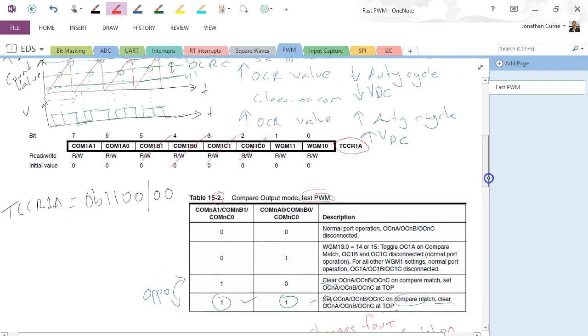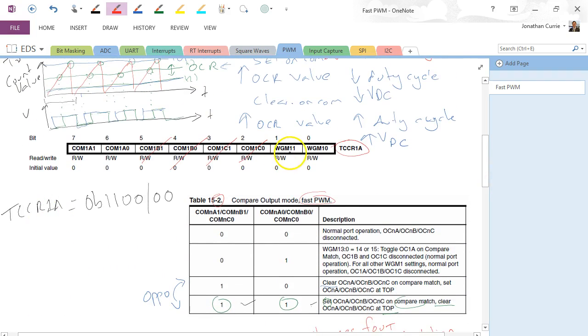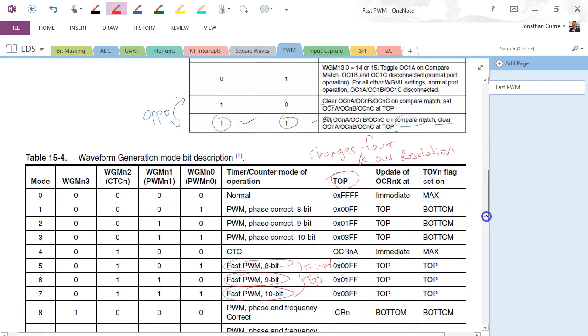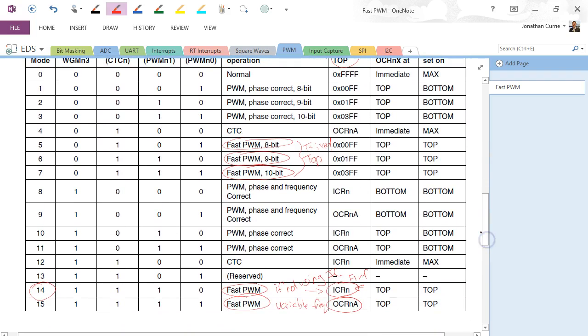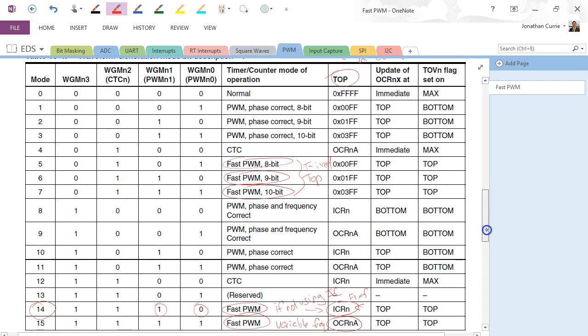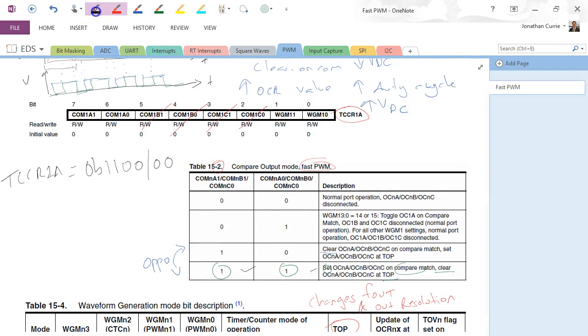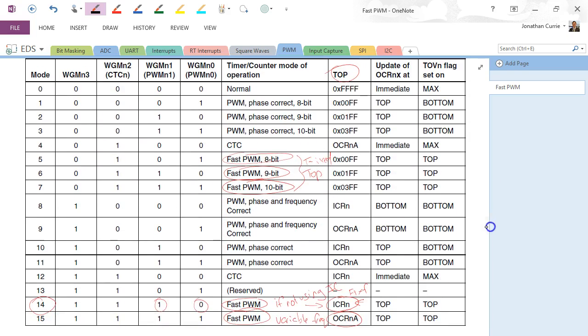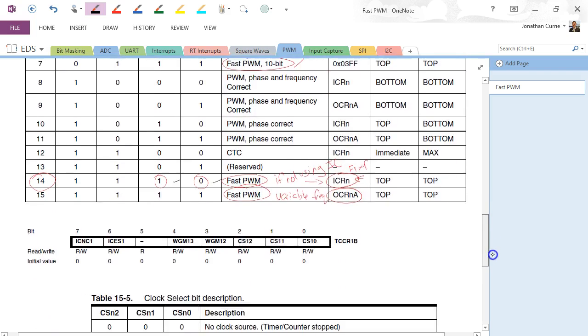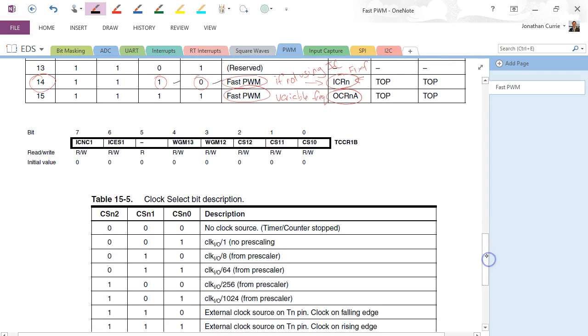If we come back to TCCR1A, we see we're setting WGM11 and WGM10, which are these two here, and the corresponding value should be 10 into TCCR1A. So 10, and remember, I like to tick these off as I go to remember that we've done them. Coming down to TCCR1B, we're not using input capture, so we can get rid of those.